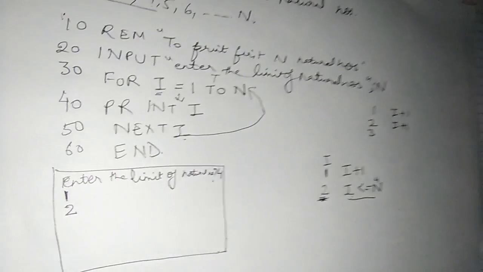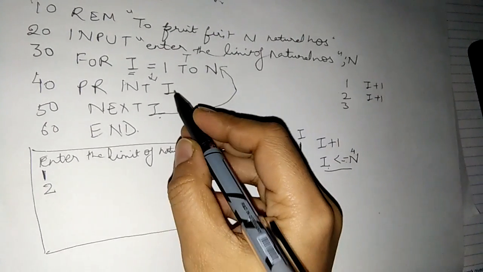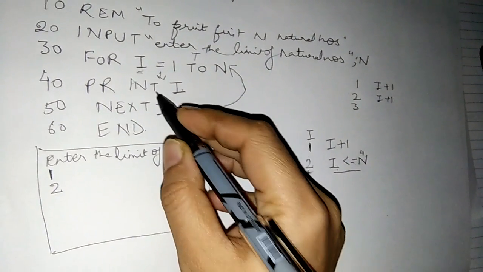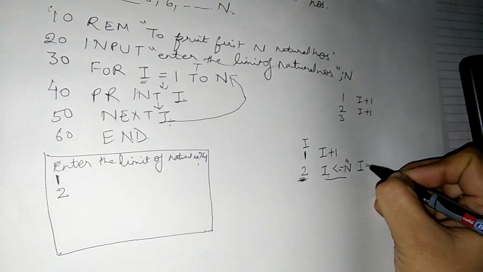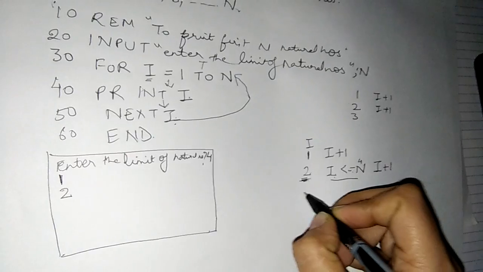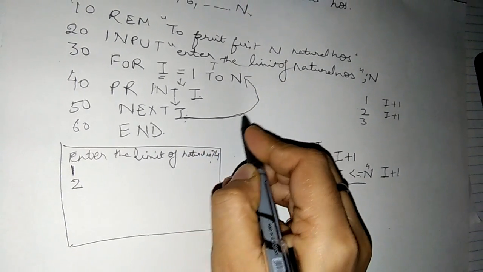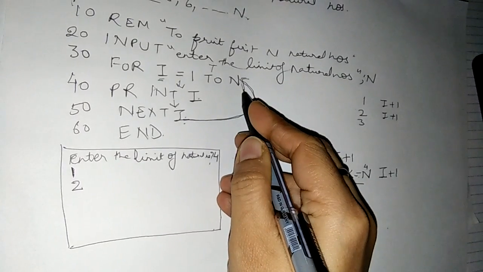Then after the print statement, NEXT I means I is increased by 1. Now it becomes 3.